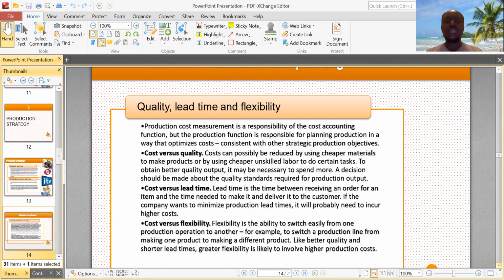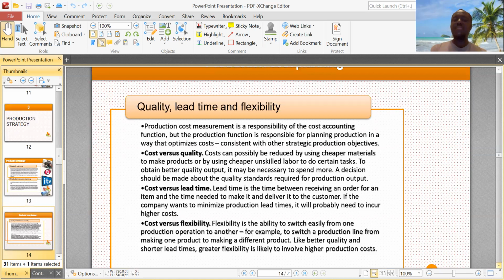So if you want a better quality, you might want to spend more in these areas. So as an organization, a decision should be made about the quality standards required for production output.